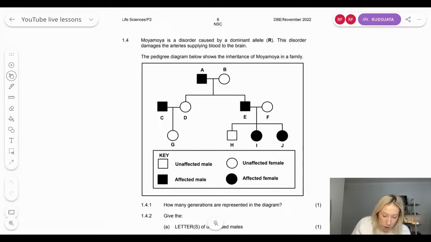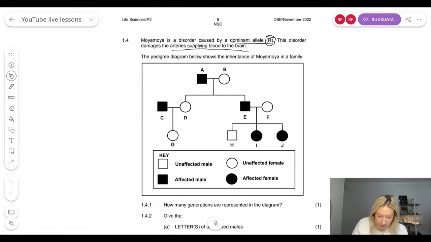But anyway, it says we have a disorder. The disorder is Moya. It's a disorder caused by a dominant allele. We use the letter R, and we know it's dominant because of the capital R. This disorder damages the arteries supplying blood to the brain. We have the inheritance.